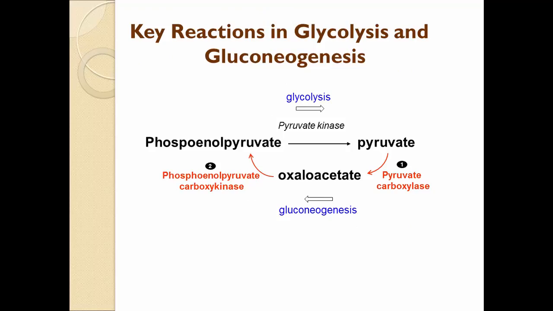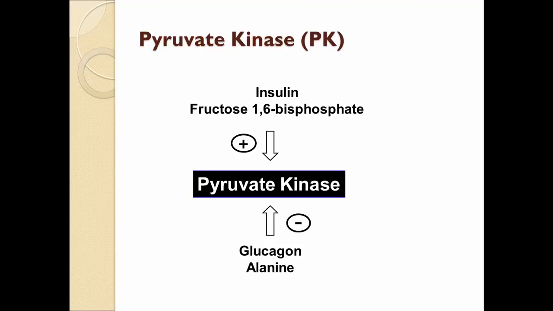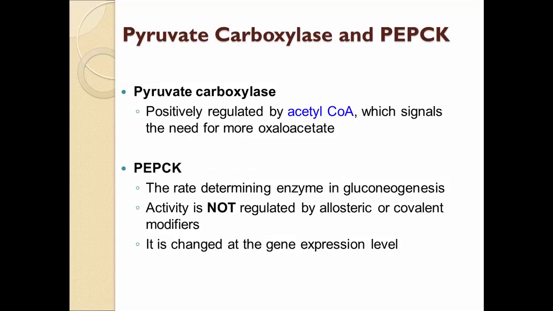And, not the last, but another set of key enzymes in glycolysis and gluconeogenesis: pyruvate kinase in glycolysis, and PEPCK or pyruvate carboxylase in gluconeogenesis, right? Pyruvate kinase is basically stimulated by insulin and fructose 1,6-bisphosphate, and inhibited by glucagon.